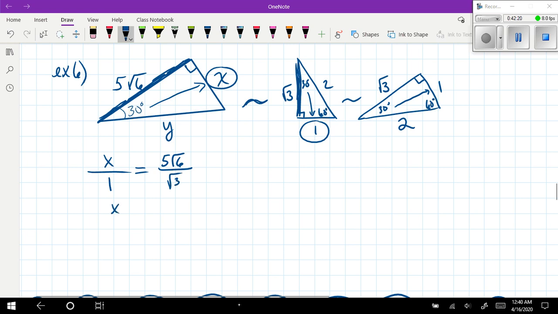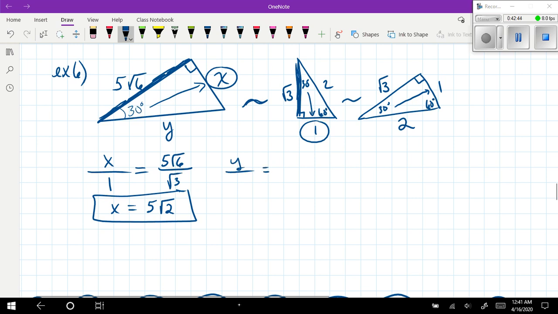So this turns into an easy problem. X over 1 is just x. 5 root 6 divided by root 3, inside to inside, outside to outside, but never inside to outside or outside to inside. Just so happens, root 6, root 3, they're both inside. This is going to give me 5 root 2. Very good.